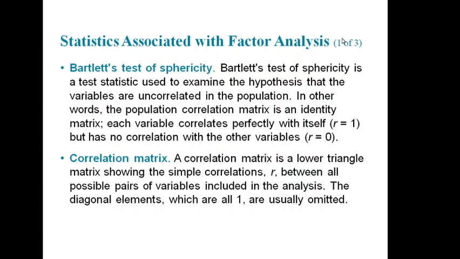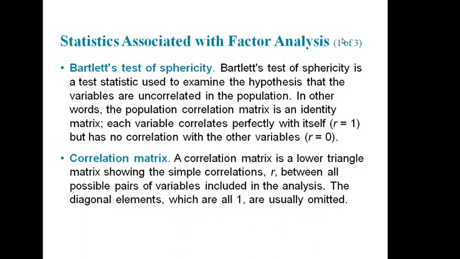As I told you earlier, in factor analysis, you are selecting all the variables together, so you want to ensure that these 20 variables that you have selected from the literature are totally uncorrelated. So this statistic will help you to say that all the 20 variables that you have selected are totally uncorrelated.